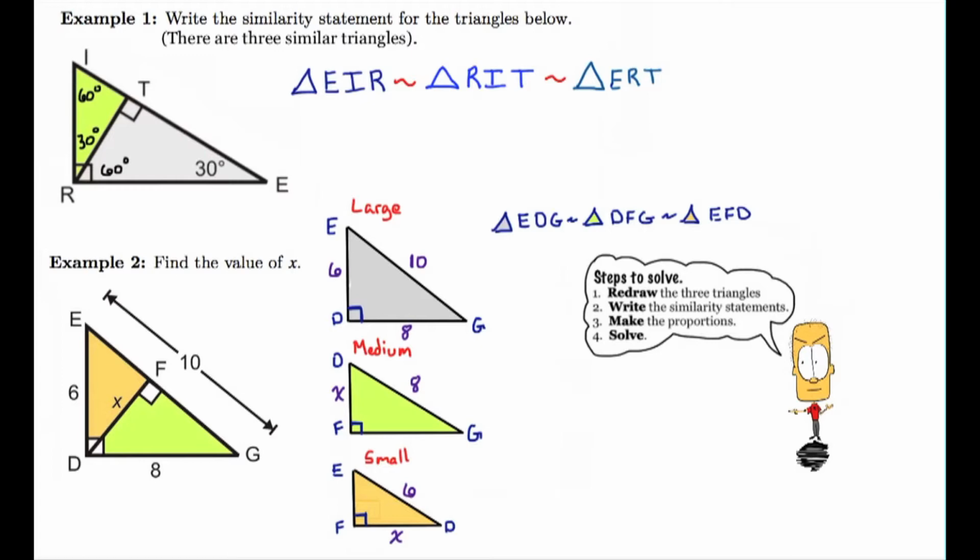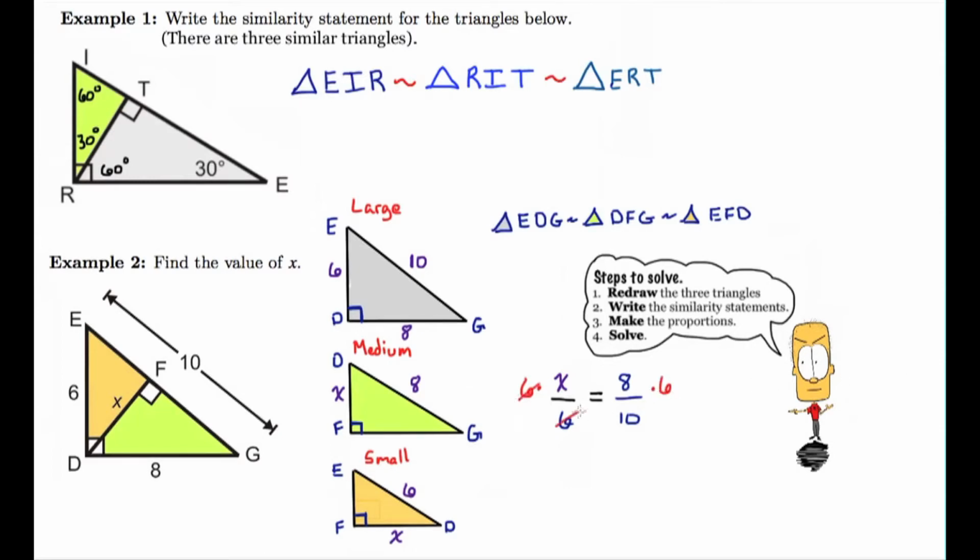Now what we're going to do is set up a proportion so we can solve for x. I can say x, which is FD, to 6, which is ED. So I'm saying medium side to the hypotenuse equals 8 to 10 on the large triangle.